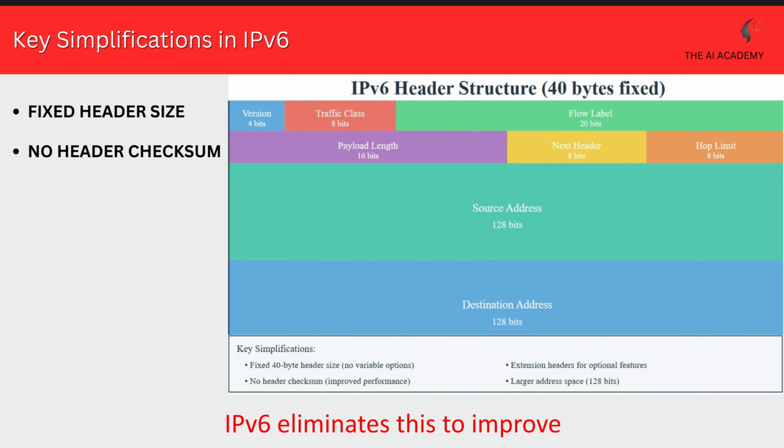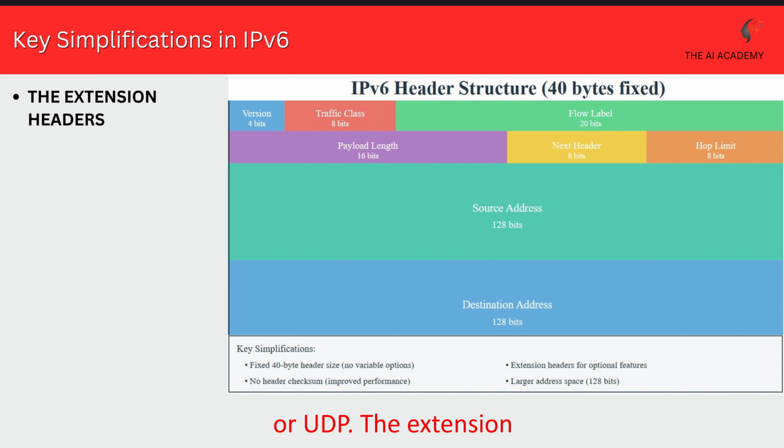IPv6 eliminates this to improve performance, relying instead on checksums in transport layer protocols like TCP or UDP. The extension headers. IPv4 embeds optional fields in the main header, while IPv6 moves them to separate extension headers. This modular approach reduces overhead for common packets.